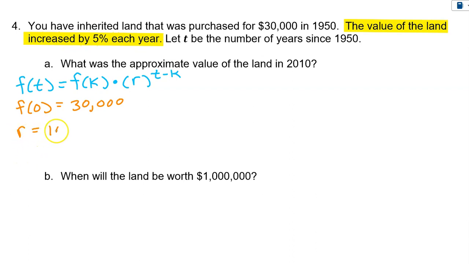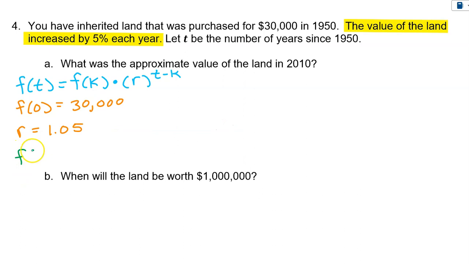It will be 100%, and because the value increased, we will do plus 5%. So this is a total of 105%. For the formula, we need to write this as a decimal, which would be 1.05.